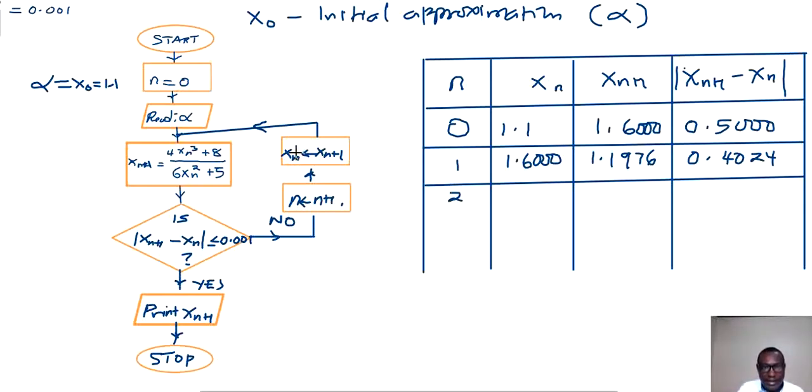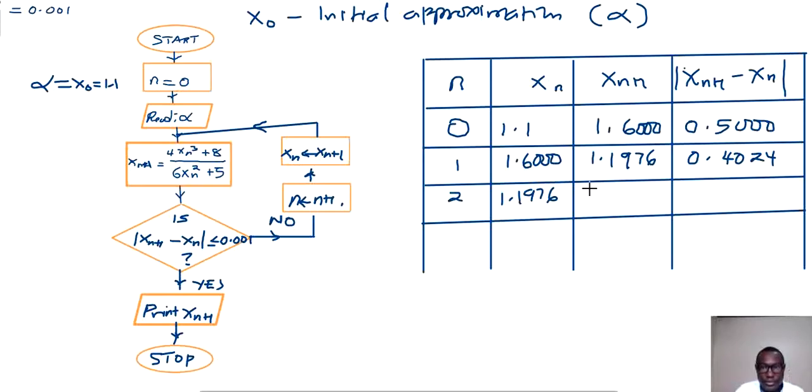This xn now becomes xn plus 1, or xn takes on this value here, which is 1.1976, right? Next, we need again to substitute xn in the formula here to get xn plus 1.